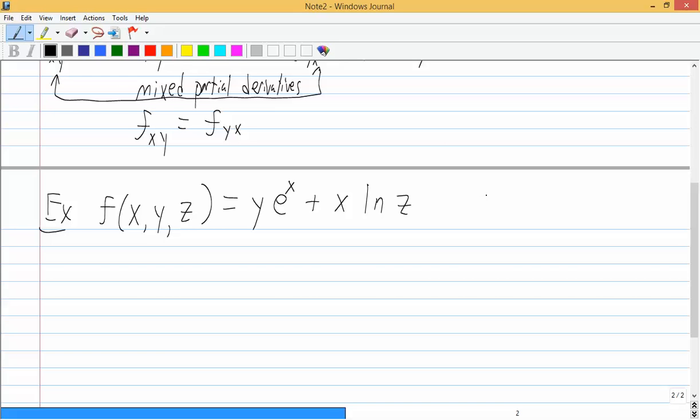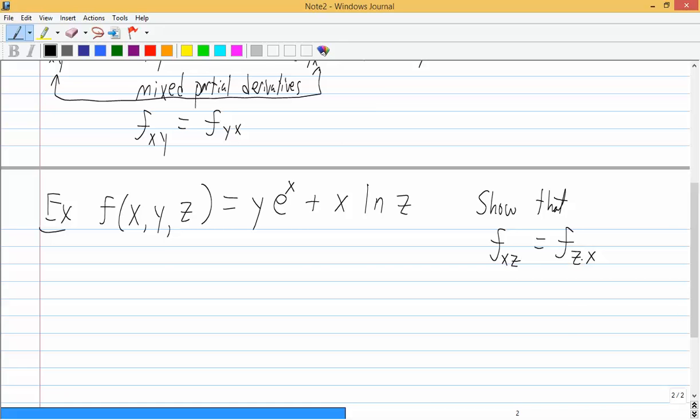Let's see what we would have to do to show that f sub x z, that's the second partial derivative, first partial derivative with respect to x, second partial derivative with respect to z, is equal to f sub z x.